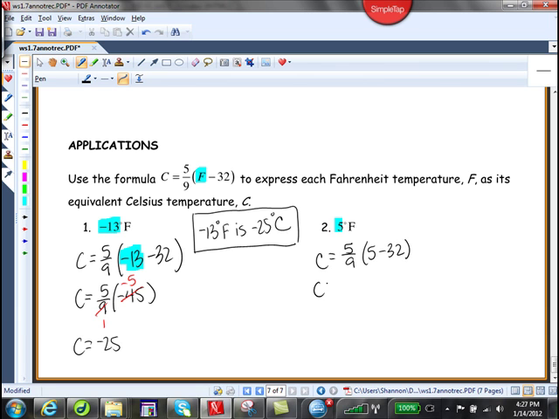C equals 5/9 times negative 27. 9 divides 27, it goes in negative 3 times. So C is equal to negative 15. What we found was 5 degrees Fahrenheit is negative 15 degrees Celsius.